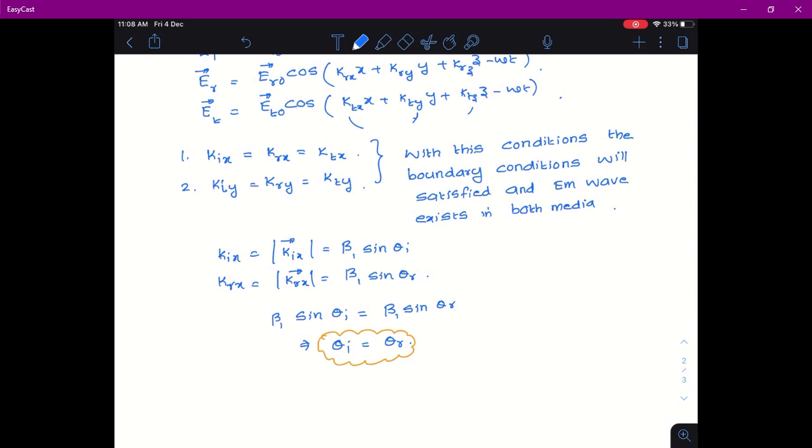Sorry, this is not Snell's law. This is the condition which should be satisfied for an electromagnetic wave to propagate from one medium to the other.